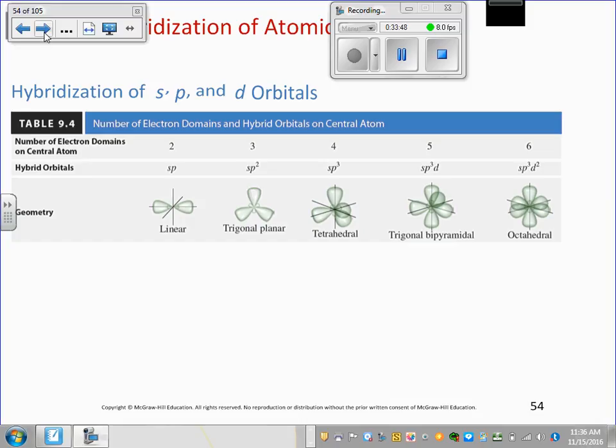So how do you explain it? They came up with this hybridization theory to explain that. So here we see sp is linear, sp2 is trigonal planar, sp3 is tetrahedral, sp3d is trigonal bipyramidal, and sp3d2 is octahedral. It turns out so far that's all we need to know.